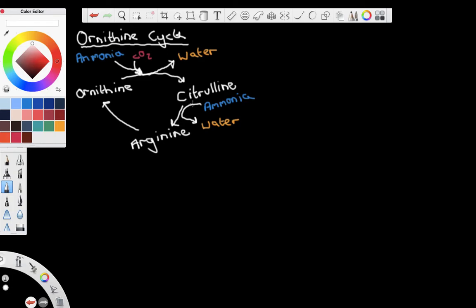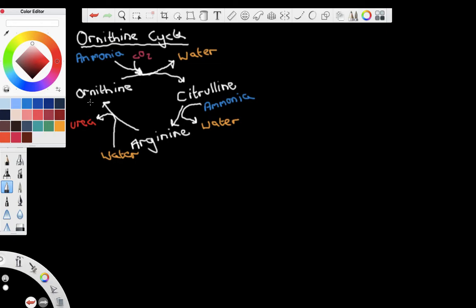And then to convert arginine into ornithine, we re-add some water and we make urea. In fact, I'm going to put it in red because that's what's gotten rid of. So water is added to arginine to form urea and ornithine. That is your ornithine cycle.